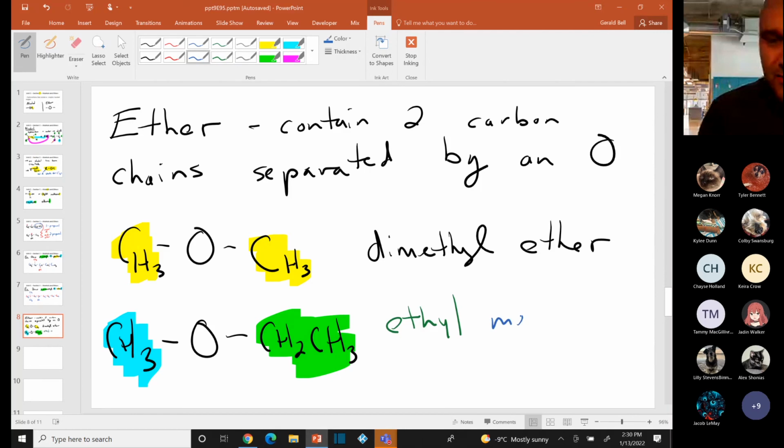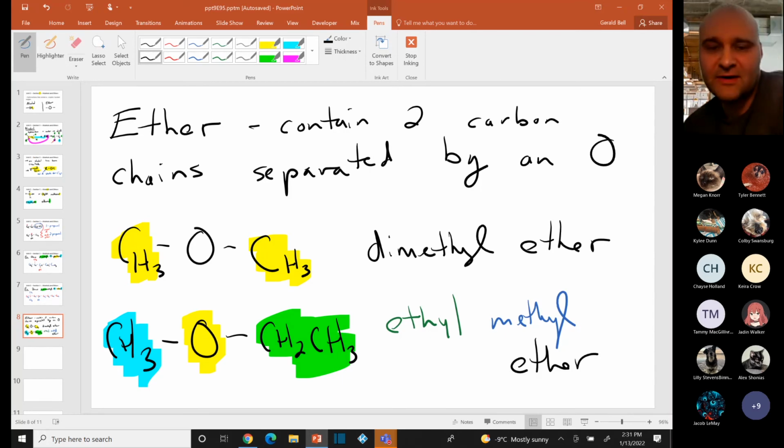So ethyl, methyl. And that oxygen means it's an ether, so you add the word ether. Methyl ethyl ether. Might work best to put all on one line, but I ran out of space.